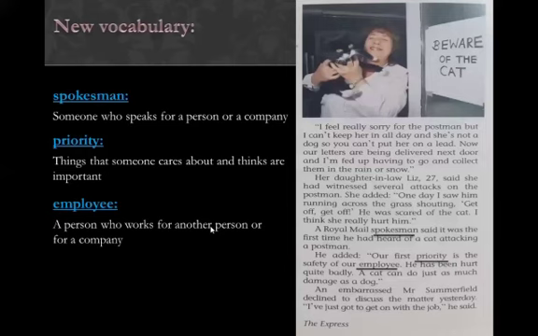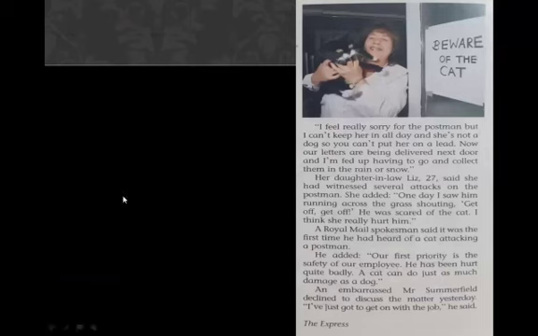So their first or main important thing is to keep their workers safe. Okay, then we have the word declined. Declined means to refuse. Okay, so the postman didn't want to just comment on what happened.